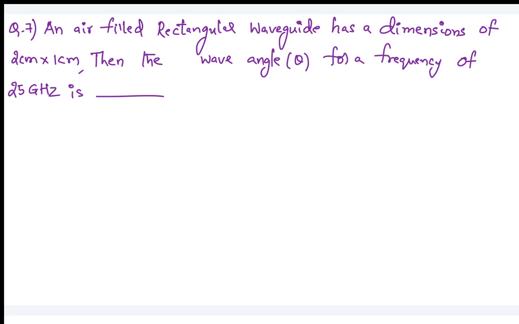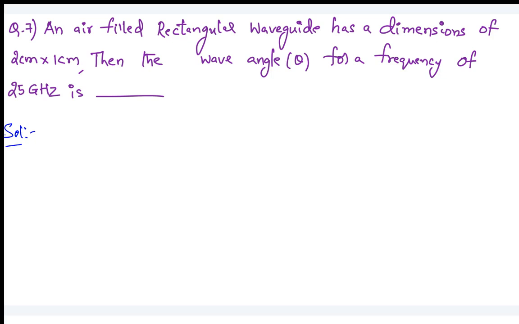So first of all, when you want to define the wave angle, you should know the cutoff frequency. Since nothing is given, when you are finding out the cutoff frequency, the question does not say whether it is transverse electric or transverse magnetic.